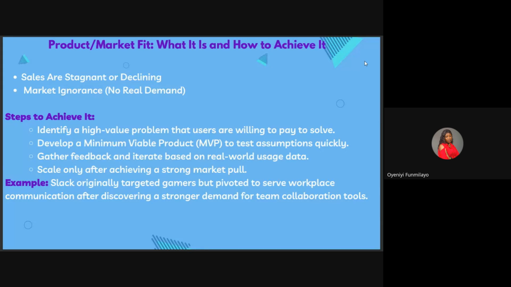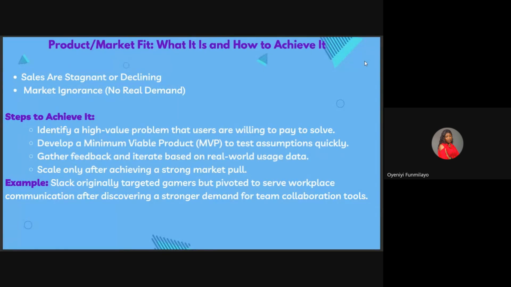But they realized that this game, users are not feeling it. They don't even like it. Okay, what is your problem exactly? And because of the questions they were able to ask users, they realized that most of the users they wanted to do this game for, most of their problem was workplace communication.